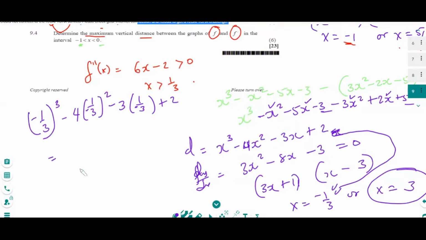Comrades, what do we get? If you have the machines, let's use the machines. Just punch that into your calculator and let's see what we get. So 1 over 3, we said it's a negative, and then we are putting that to the exponent of 3, minus 4 into still negative 1 over 3.